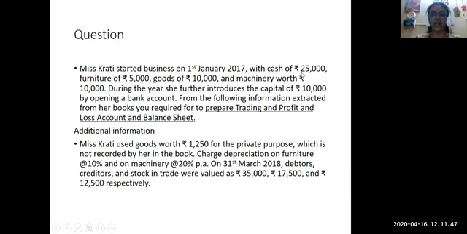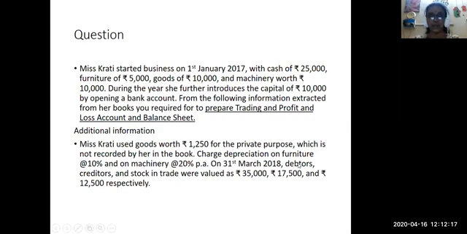All these items comprise assets, and this 10,000 is a current asset in the form of cash at bank. We are going to prepare the balance sheet with this additional information also. This 1,250 is the goods drawn by the owner for private purpose, and charge depreciation on furnitures at 10%, on machinery at 20%.